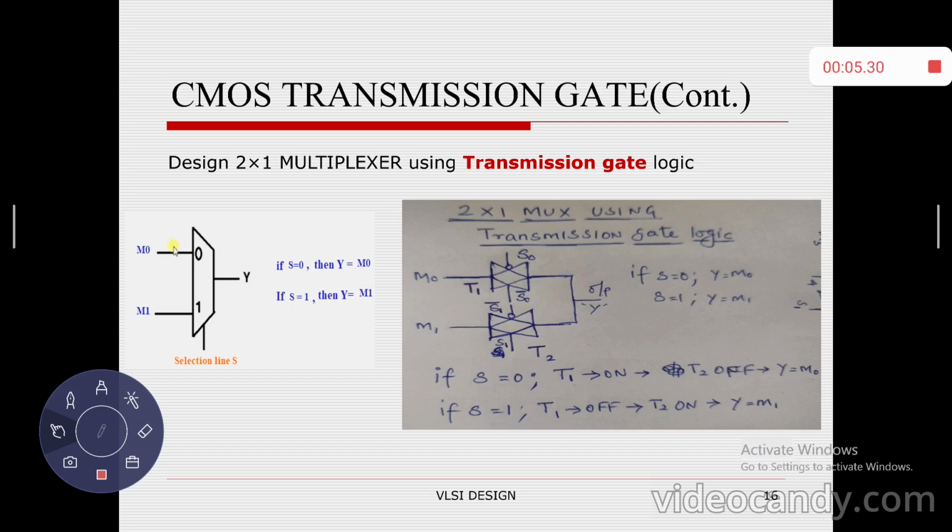Whereas if S equal to 1, transistor T1 will be disconnected and T2 will be on, so the output will follow M1. So this is the design of a 2 cross 1 multiplexer using transmission gate logic.